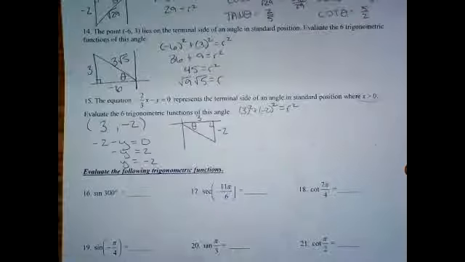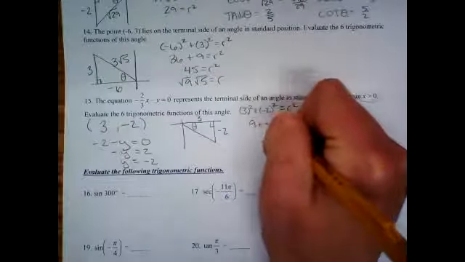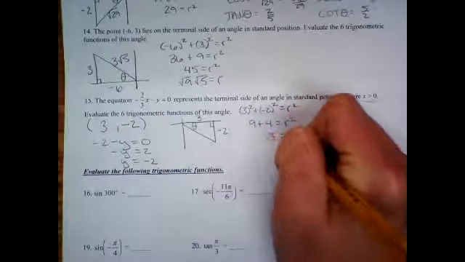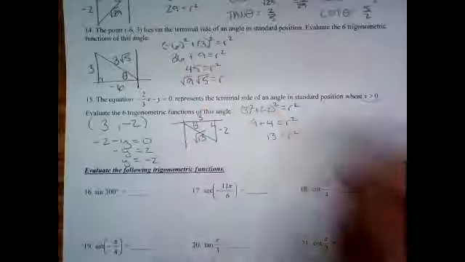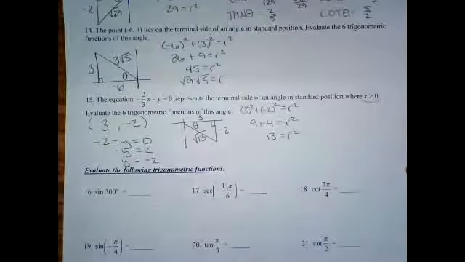So that would be 9 plus 4 equals r squared, which would be 13. When you square root that, it's not going to split. So just leave it square root of 13. And then again, you would list out the 6 trig functions.